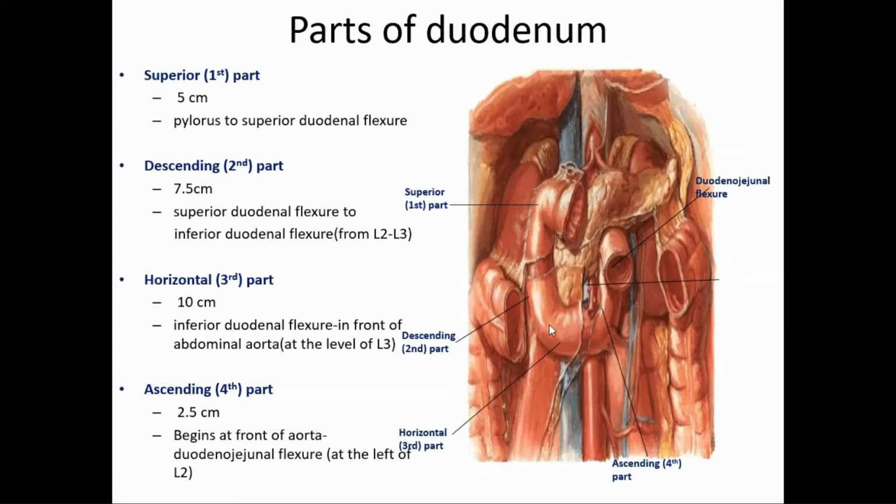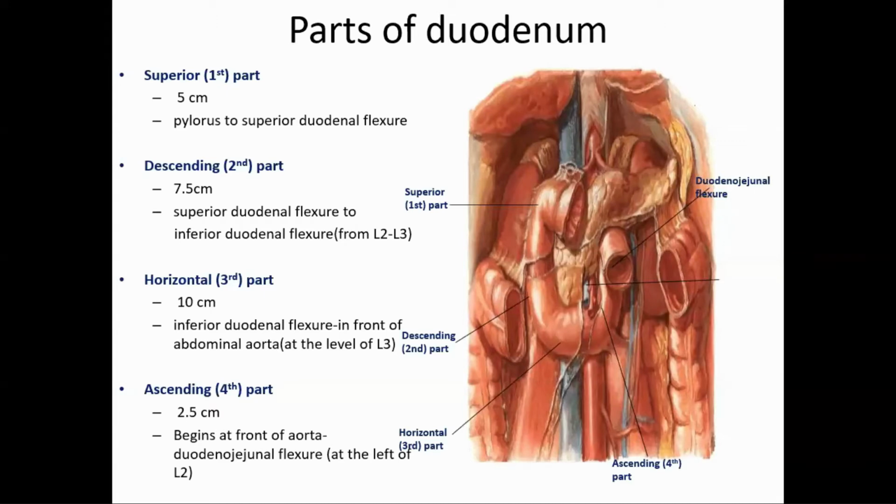Now the third part, or horizontal part, extends from the inferior duodenal flexure, at vertebral level L3, up to the front of the abdominal aorta. Its length is about 10 centimeters. The ascending part, 2.5 centimeters, extends from the front of the abdominal aorta to the duodenojejunal flexure.